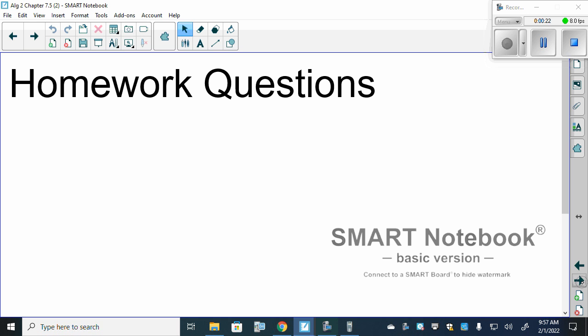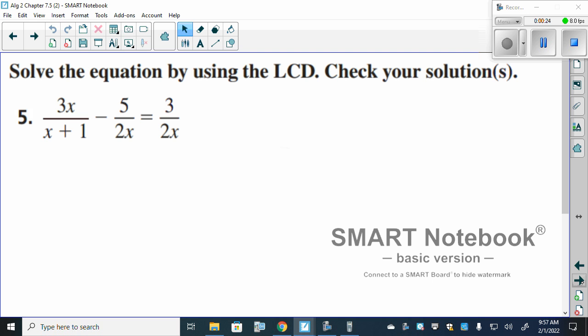So when we look at this first one here, and yes, there is this Smart Notebook basic version at the bottom, because they gave us a licensure for the few months because we can only buy it at the beginning of the new year, which for the school year is in June. So we have to wait till June so we can officially buy the subscription. But they've been giving us free trials.